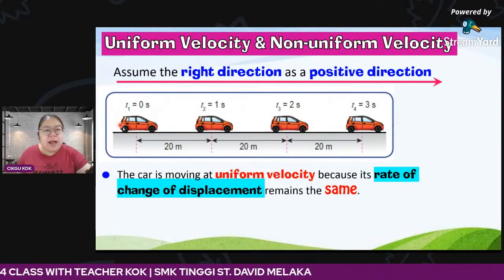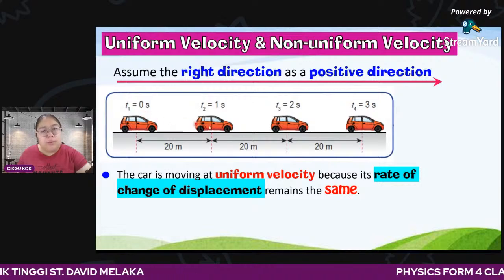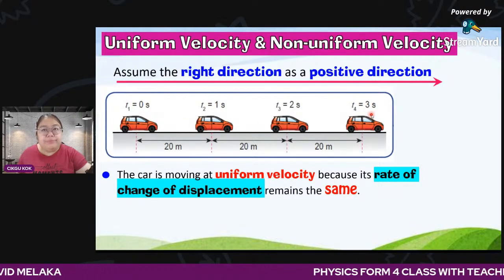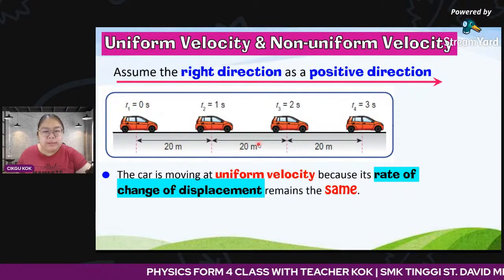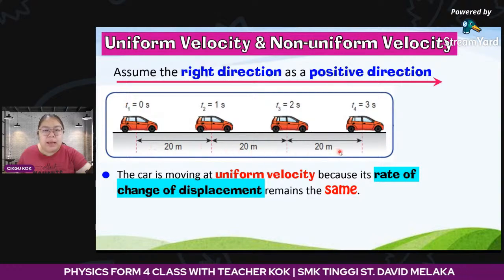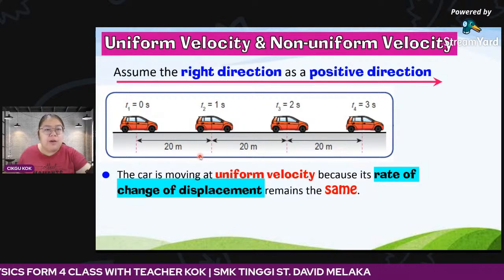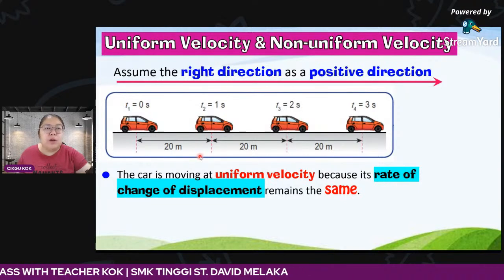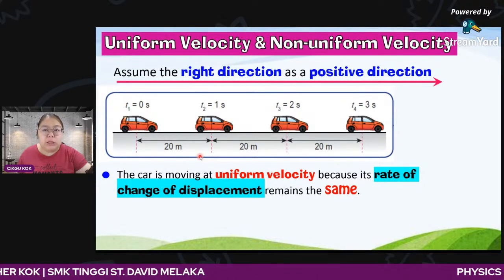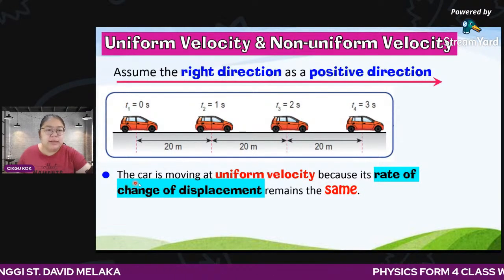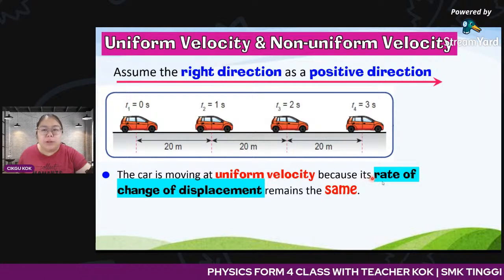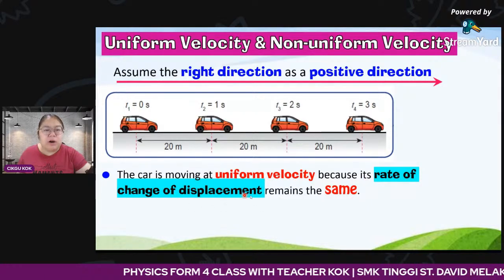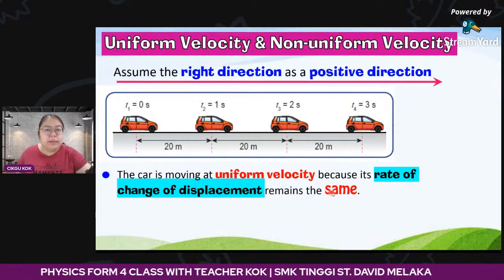Now the car starts from 0 seconds and moves until 3 seconds. Can you see the distance is almost the same? 20, 20, and 20. So every 1 second, the car moves 20 meter. From here we can say the car is moving with uniform velocity because the rate of change of displacement remains the same.